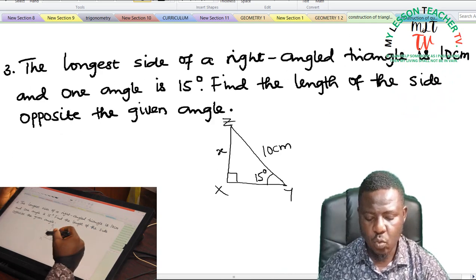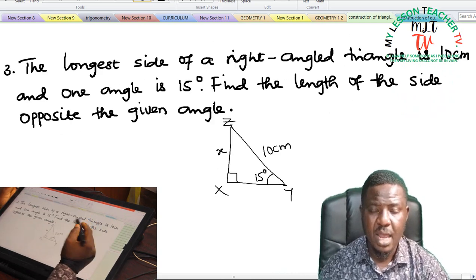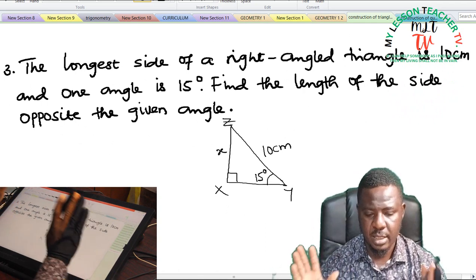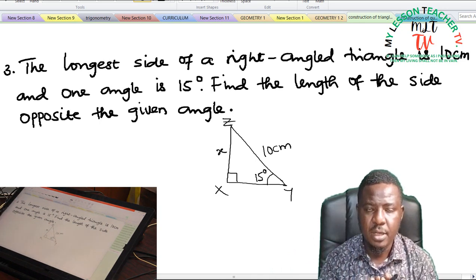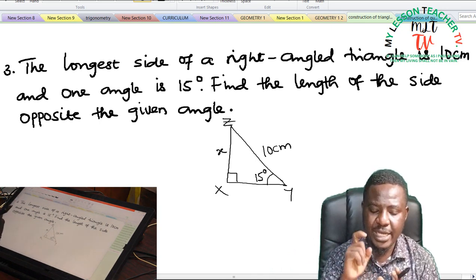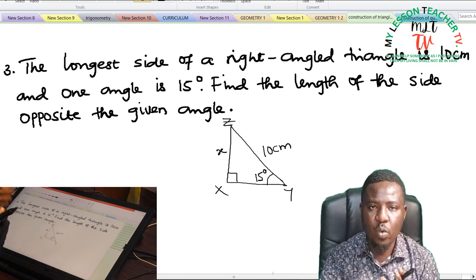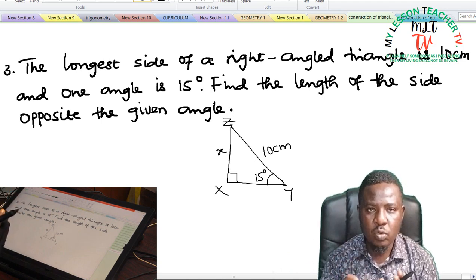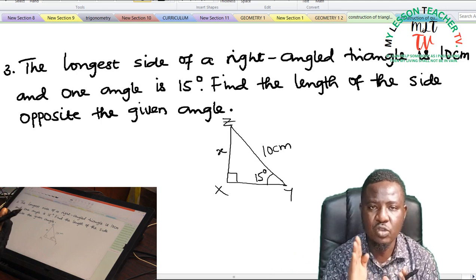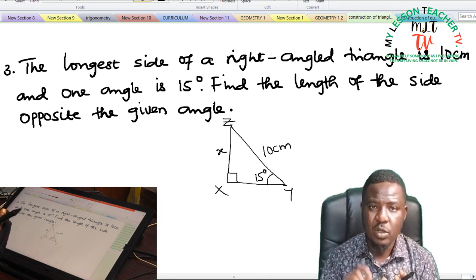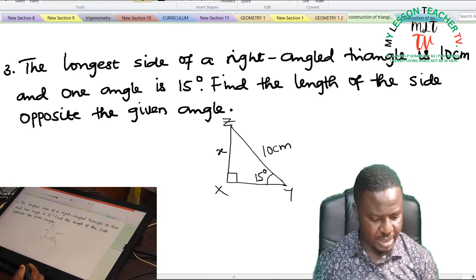Now, since side XY is not given, I'm going to pick any length of my choice with the condition that it should not be greater than 10 cm. Because from the question, we have already been told that the longest side of the right angle triangle is 10 cm. So any other side must be less than 10 cm. So I shall pick a distance of, let's say, 9 centimeters.